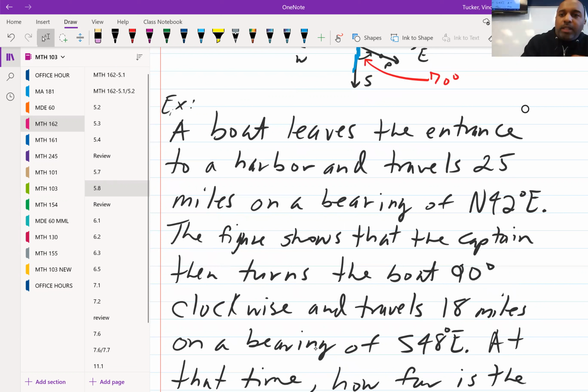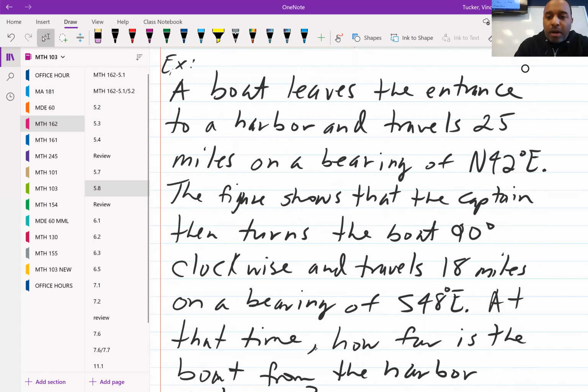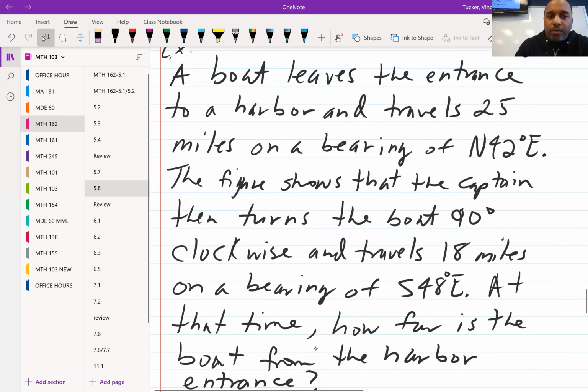So we have a boat that leaves the entrance to a harbor and travels 25 miles on a bearing of north 42 degrees east. The figure shows that the captain then turns the boat 90 degrees clockwise and travels 18 miles on a bearing of south 48 degrees east. At that time, how far is the boat from the harbor entrance?